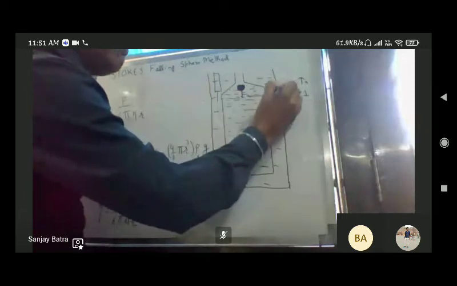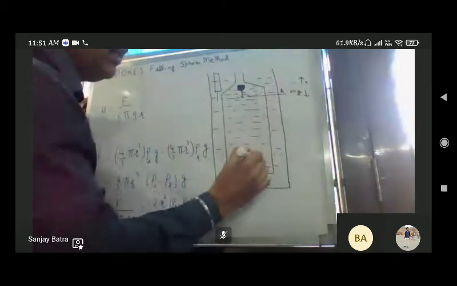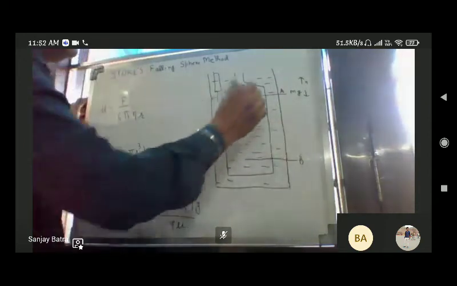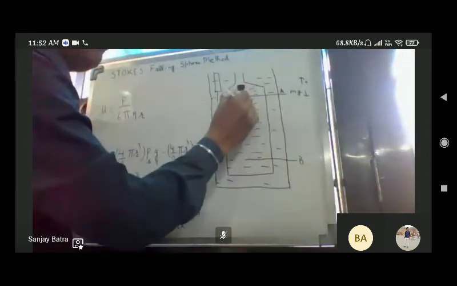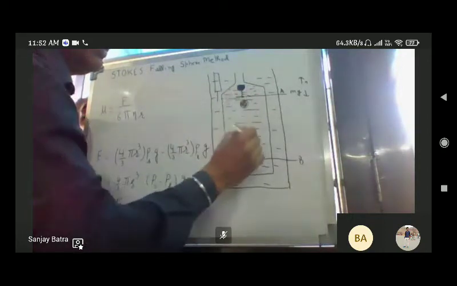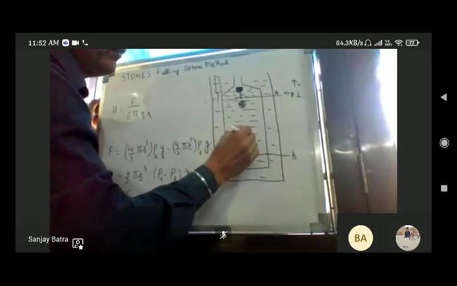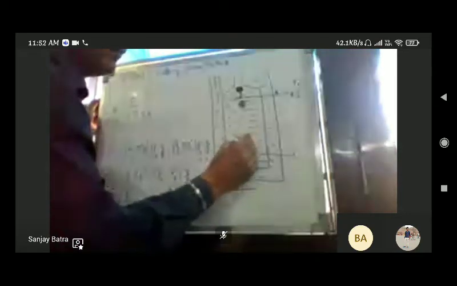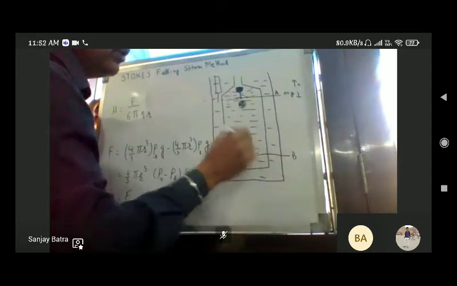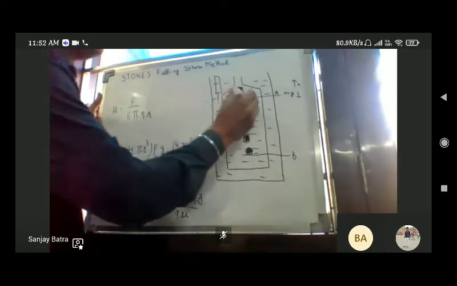Let's say we put a mark A over here, and another mark B over here. This is the space where the ball is going to move with a constant velocity. So this is called the Stokes falling sphere method.